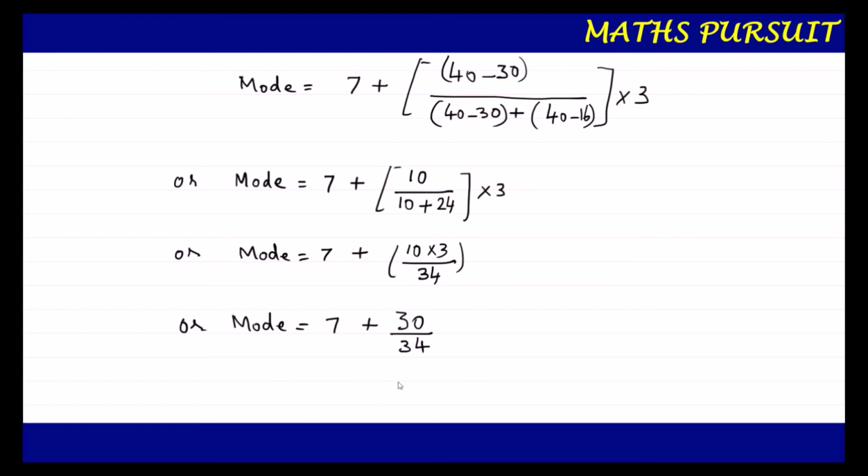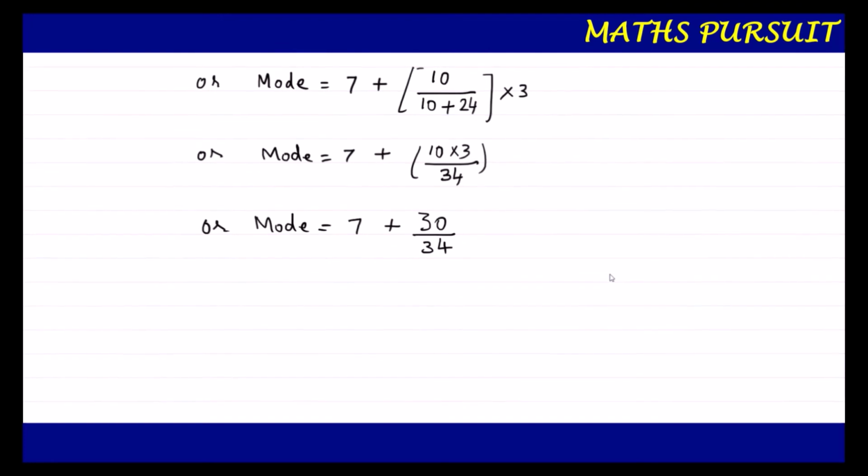Now let us first find the value of 30 upon 34. So mode is equal to 7 plus 30 upon 34, we will get 0.88.